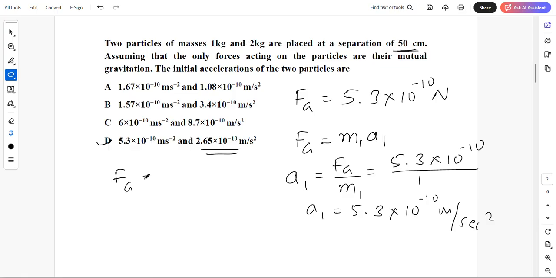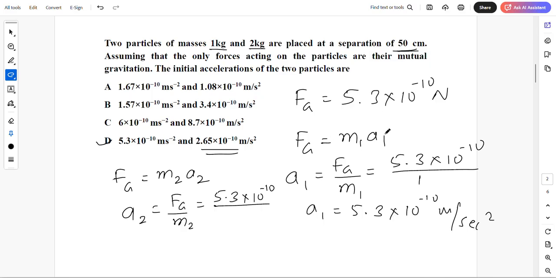But again you are supposed to calculate a2 also. Fg is equal to m2 into a2, where a2 is equal to Fg by m2, that is 5.3 into 10 to the power of minus 10 by m2, which is 2. We have calculated the gravitational force between them when they are placed at a separation of 50 centimeters.